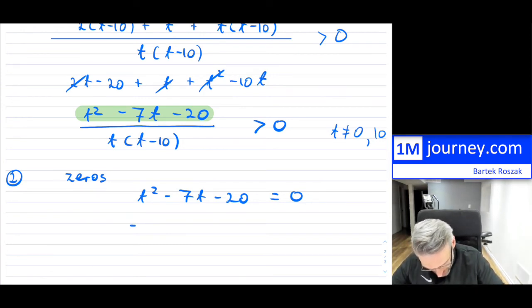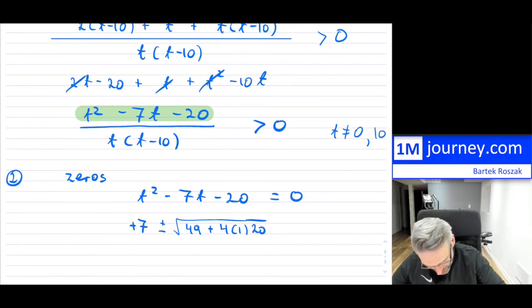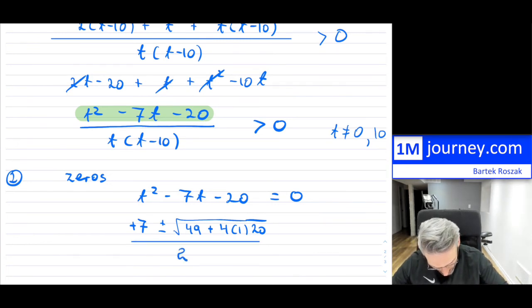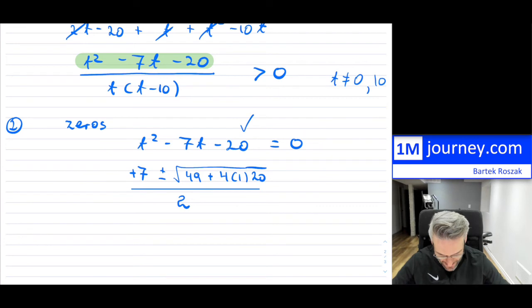So minus b, it's negative 7, so it's going to be 7 plus or minus the square root of 49 minus 4a, and then minus 20, so that's going to be plus right here. This one's going to work, and then 2 times a, so that's 2. I'm going to do it in fast forward fashion. I'll just substitute it all in and find out what the two zeros are.